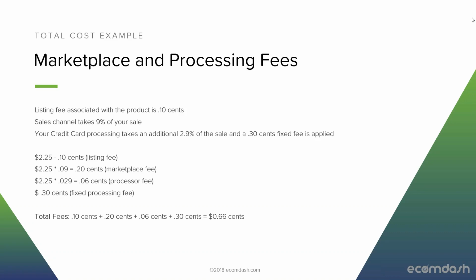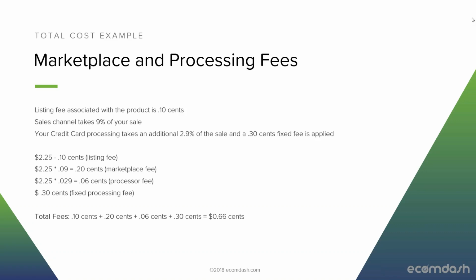So to break it down, we take the $2.25 and subtract the 10-cent listing fee. We also take the $2.25 and multiply it by 0.09, the 9% marketplace fee, which comes out to 20 cents. The $2.25 times 0.029, the 2.9% your credit card processing company takes, and the 30-cent fixed fee that they charge each time they process an order.